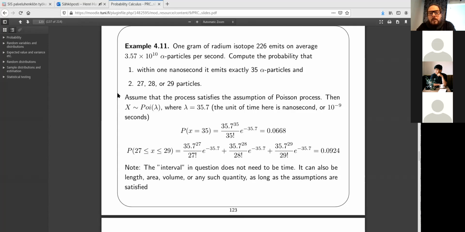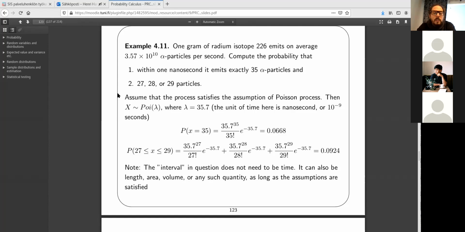We can calculate the probability that X is equal to 35, and it turns out it's 6%. So it's actually not a ridiculously small percentage. The probability that it's between 27 and 29, you can add the probabilities that it's 27, 28, and 29. Those are disjoint situations. And you get a 9% chance.